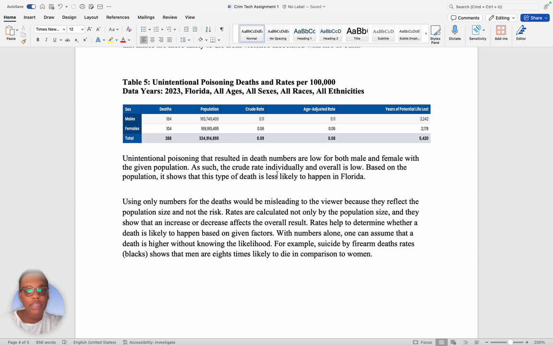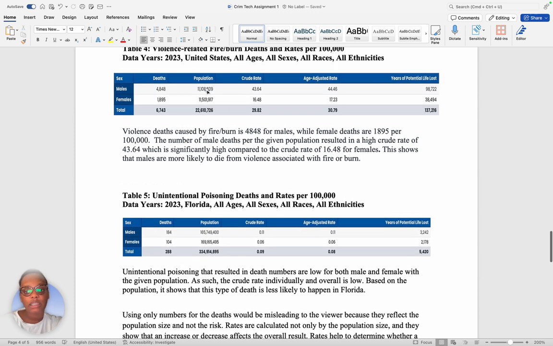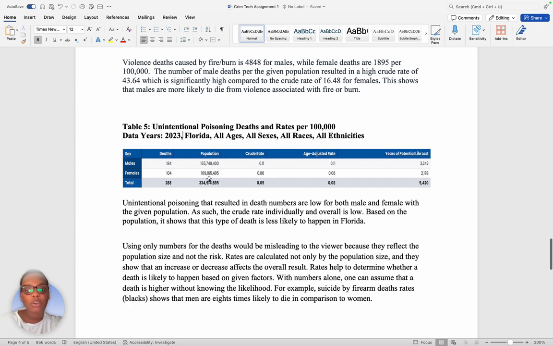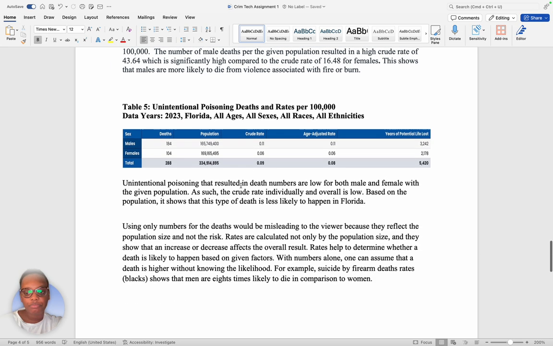The crude rate individually for males is 0.11, for females 0.06, and overall 0.09 is low. Based on the population, it shows that this type of death is less likely to happen in Florida. Remember, this table, unlike the other tables above, is only for Florida.